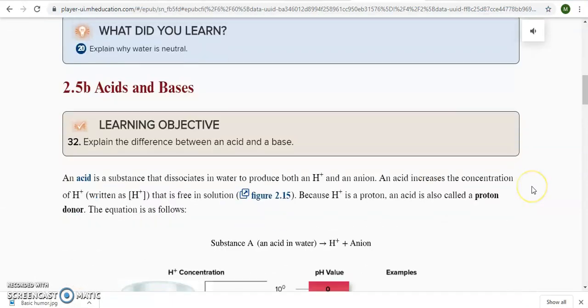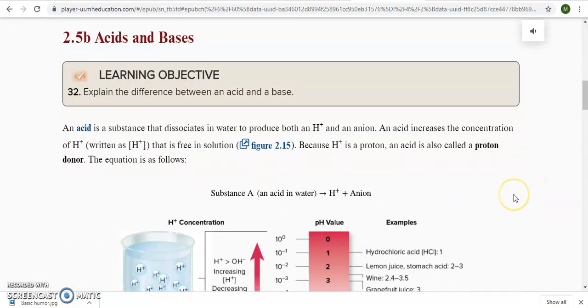So we'll go back to our... Okay, so an acid is a substance that dissociates in water, which we saw hydrochloric acid do. When it dissociates, it produces a hydrogen ion and then an anion. We used hydrochloric acid, so chloride was the anion. What that causes is that the acid put into water increases the concentration of hydrogen ions that are free in that solution.